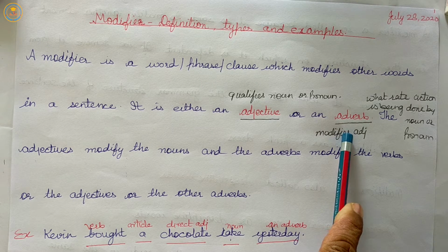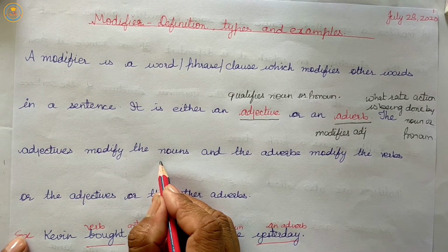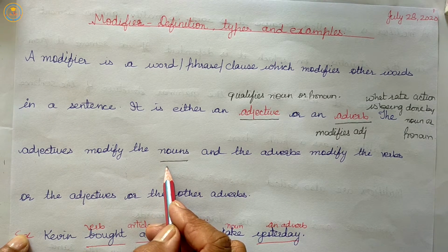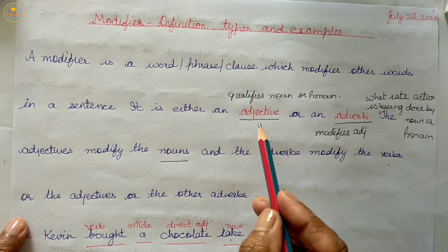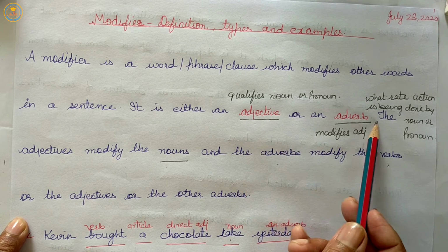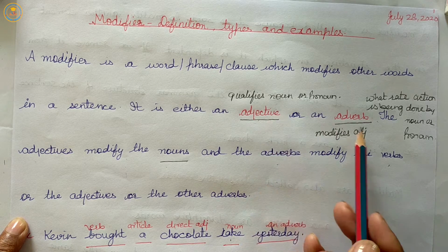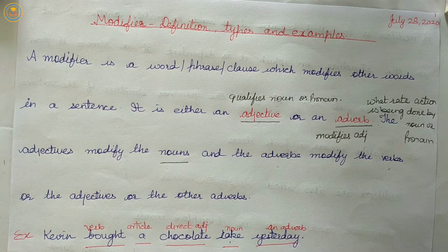The adjectives modify the nouns and the adverbs modify the verb. That is clear with its definition. Adjective qualifies noun or pronoun. Adverb tells us the action that has been done by the noun or pronoun at what rate.